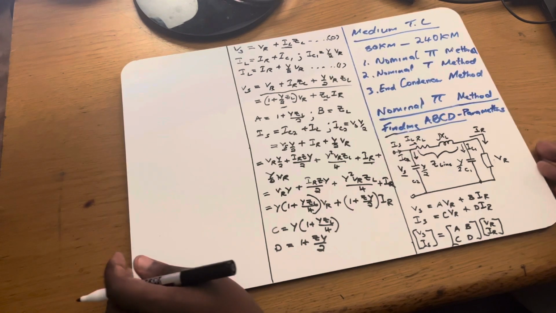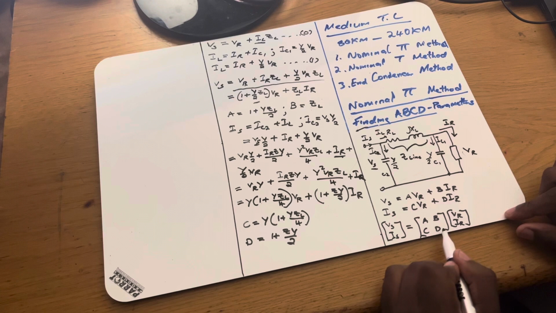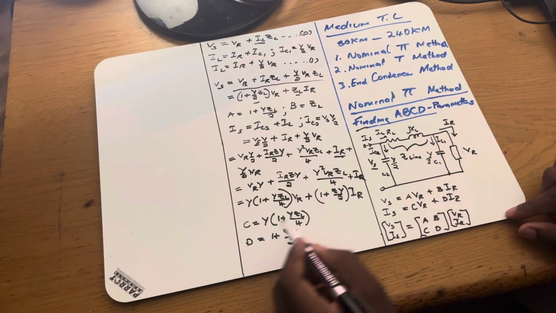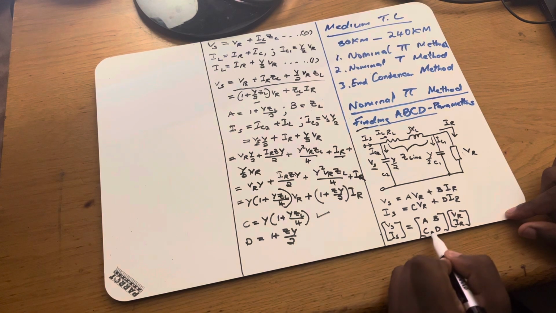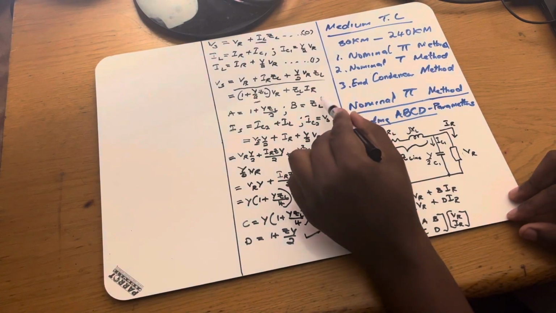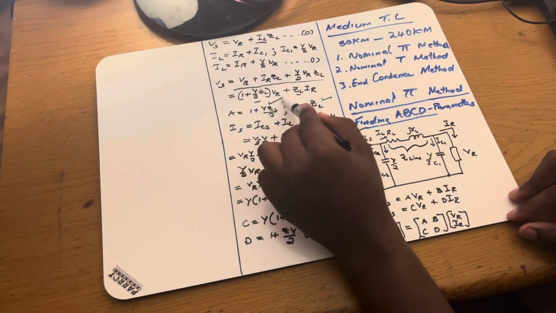Okay, so now instead of ABCD, we can go ahead and substitute C in the place of C, D in the place of D, B in the place of B, and A in the place of A.